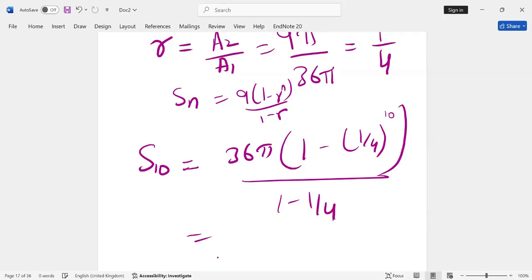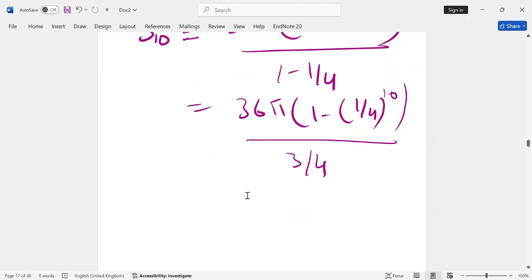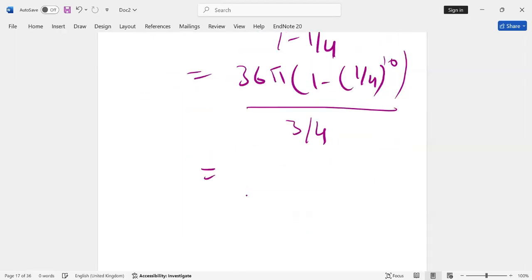Let me simplify this. After solving 1 minus 1 by 4, we got 3 by 4. With more simplification, we get 36 pi times 4 by 3 into 1 minus (1 by 4) to the power of 10.